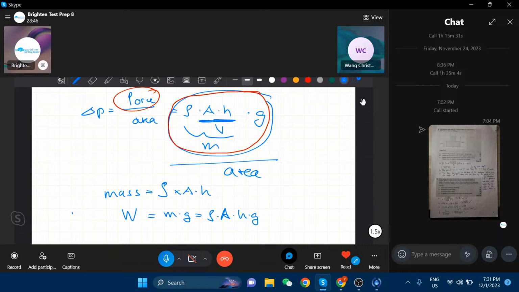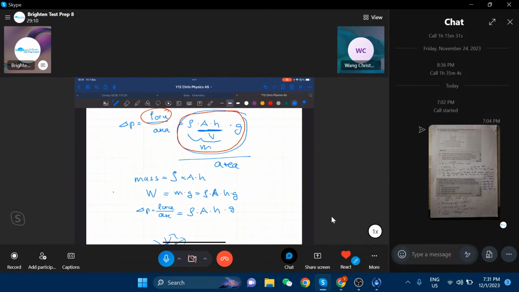Okay? But now I can say, on the other hand, as force, the delta P is my force over area. Now I can simplify it, because what I can say now is I have my, of course, times H, and I can say G divided by A again, right?